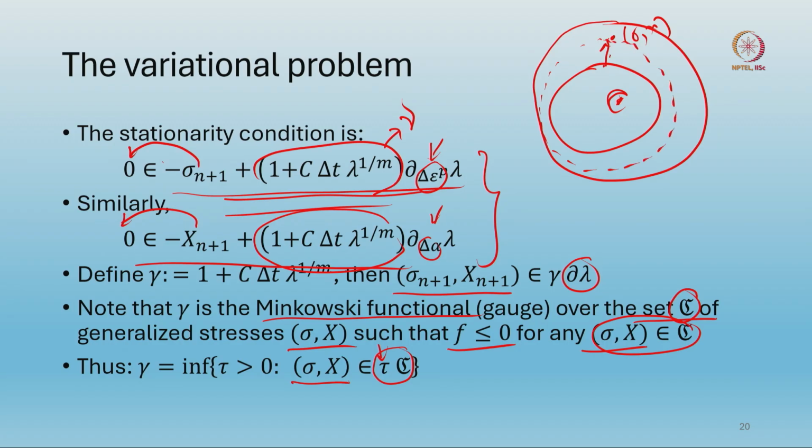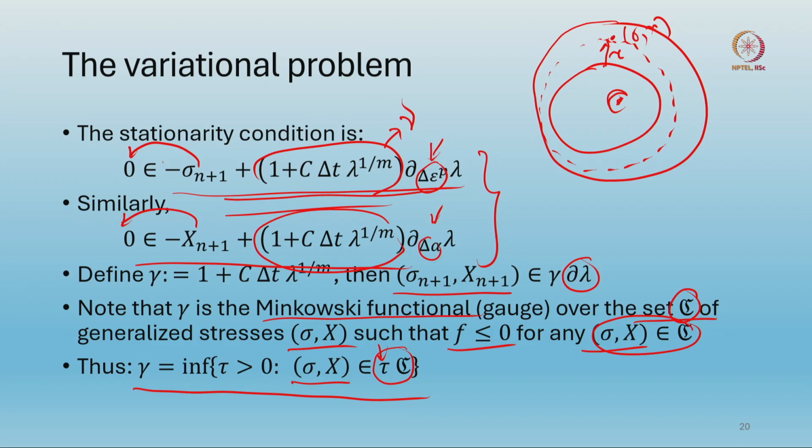And this is exactly that tau, that factor by which you have to increase this script C to get that particular value for sigma and x, okay. So that is nothing but the overstress. So gamma is therefore something like the overstress, and it is nothing but f itself, you understand, because this is the value by which f, the yield function, has exceeded 0, correct.